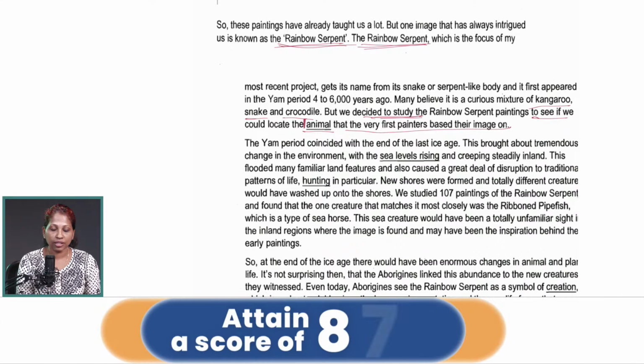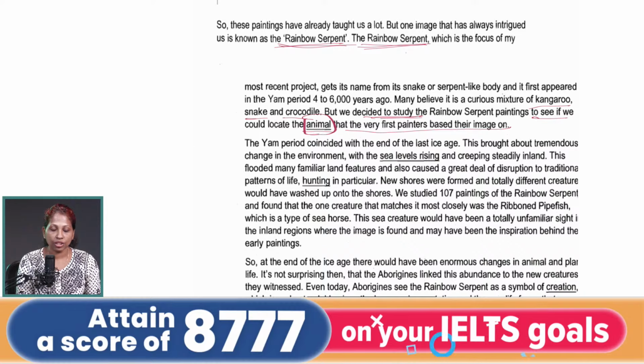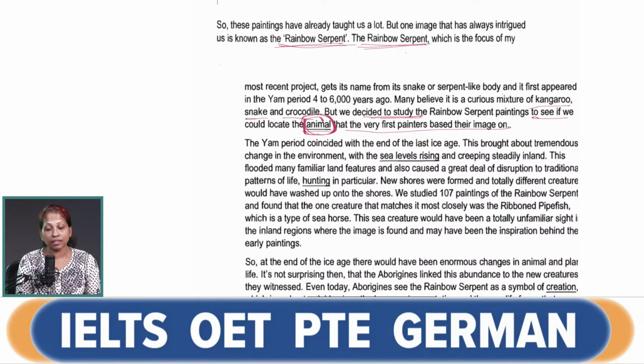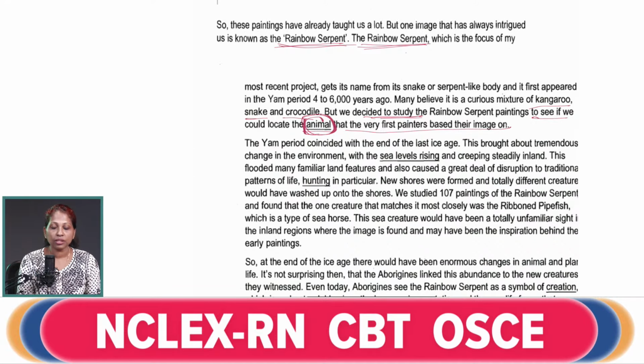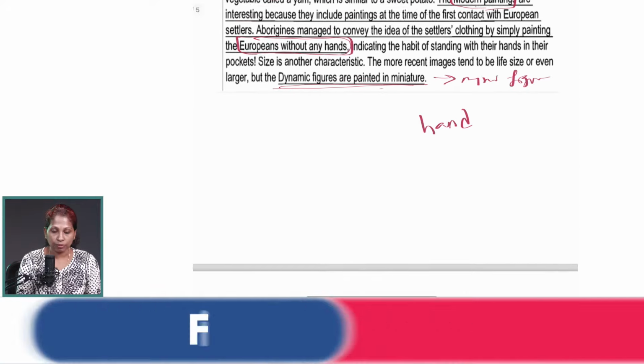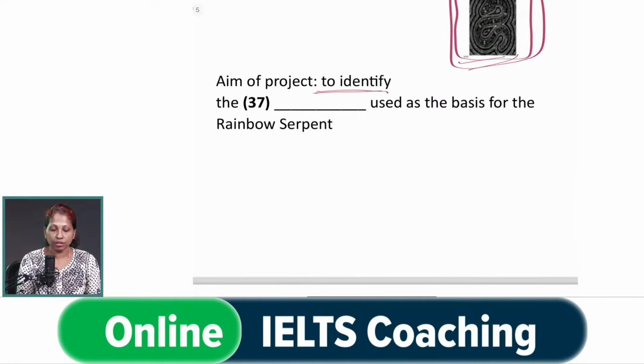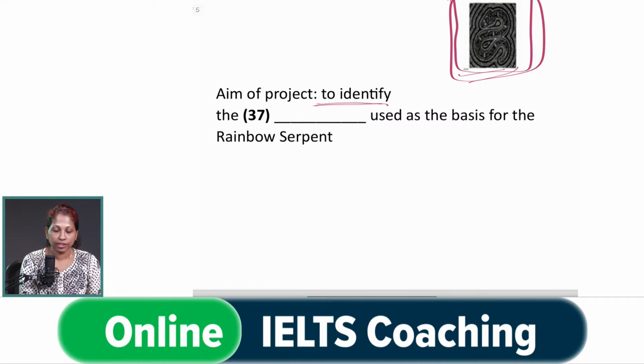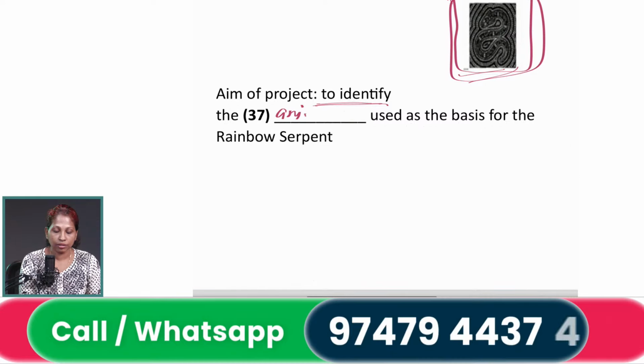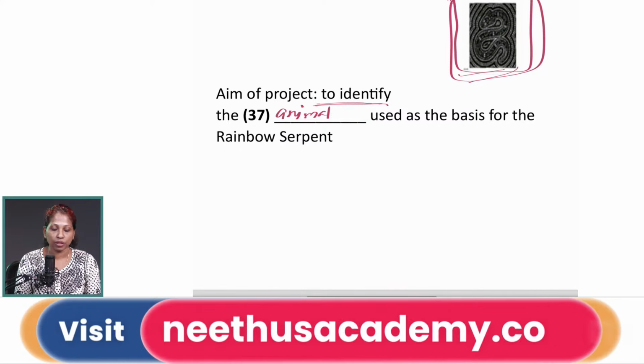So their aim was to locate that animal that the very first painters based their image on. So the answer for that note will be identifying what? Identifying the animal, right? To identify the animal used as a basis for the rainbow serpent. That is our first note.